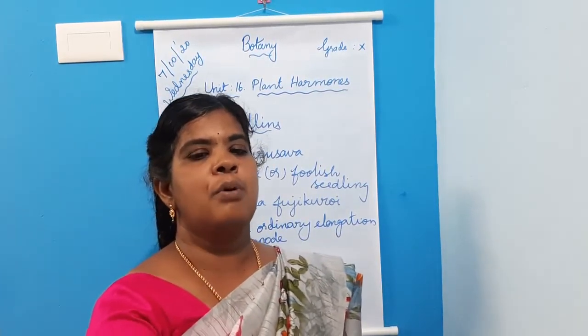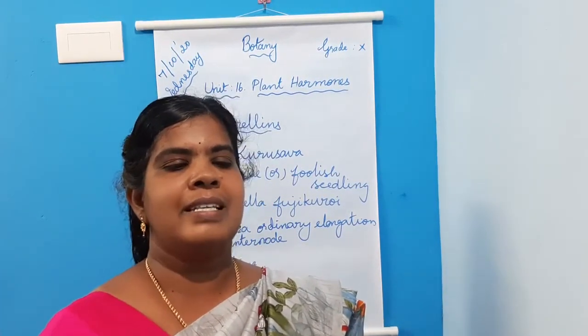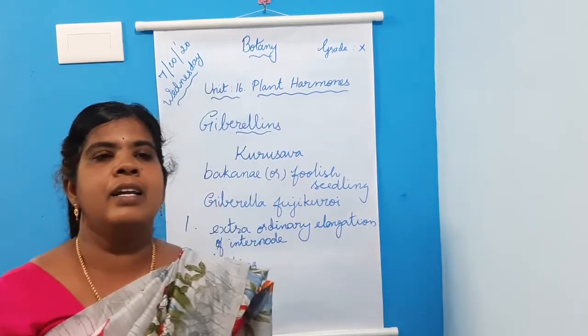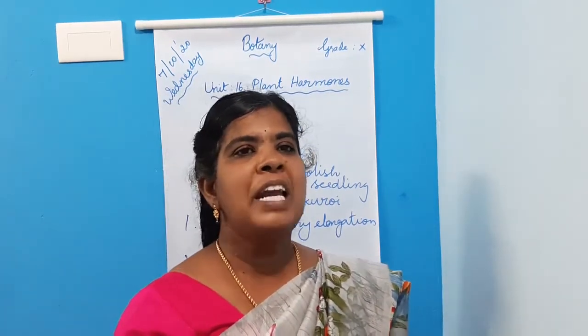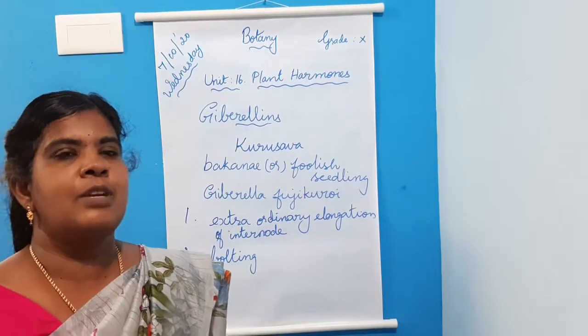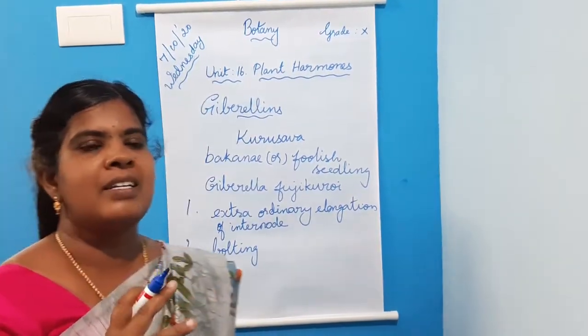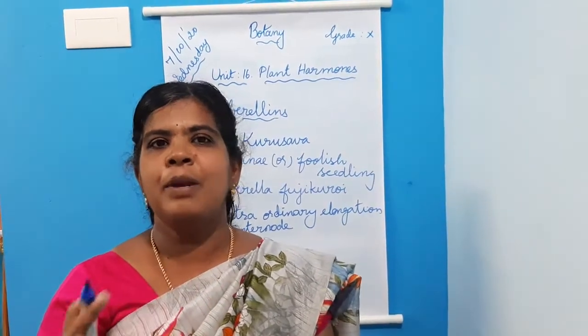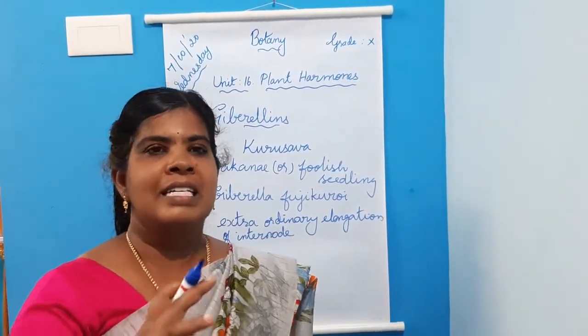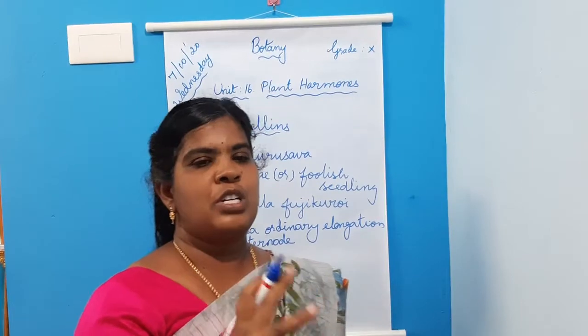The third effect is that gibberellin promotes the production of male flowers in cucurbits, in monoecious plants. What are monoecious plants? The plants which have male and female flowers present separately on the same plant. That is monoecious.